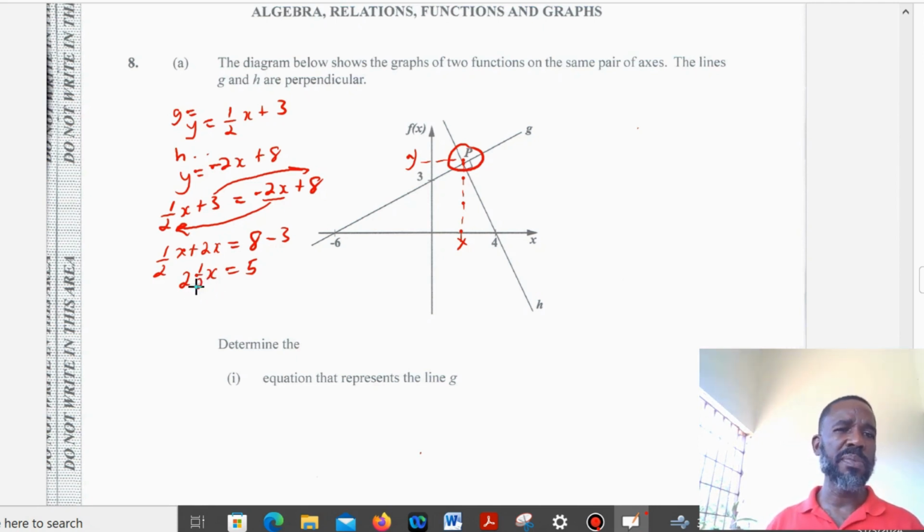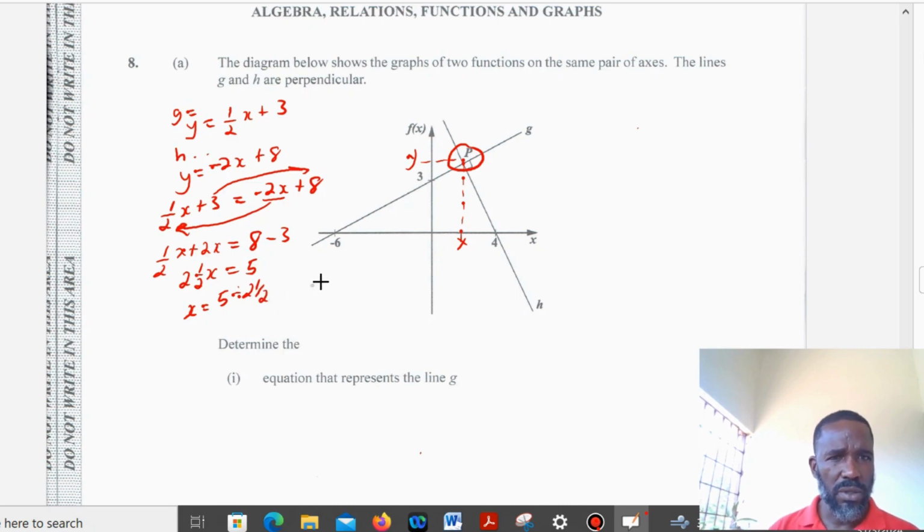Now we know that when we multiply 2.5 by 2, we will get 5. But let's do it. So x is equal to 5. Now this 2.5 is multiplying the x, so when it goes across, it will go across as divide. So divide by 2.5.